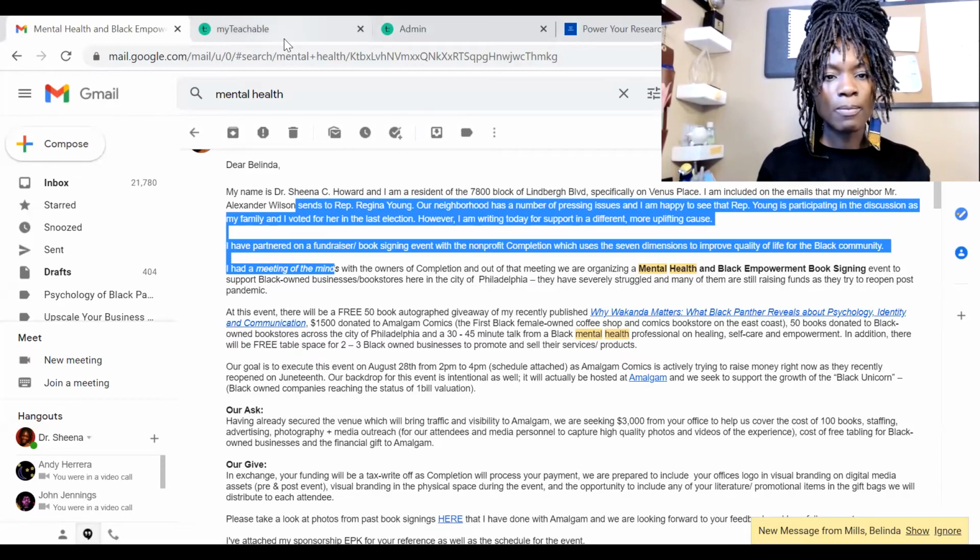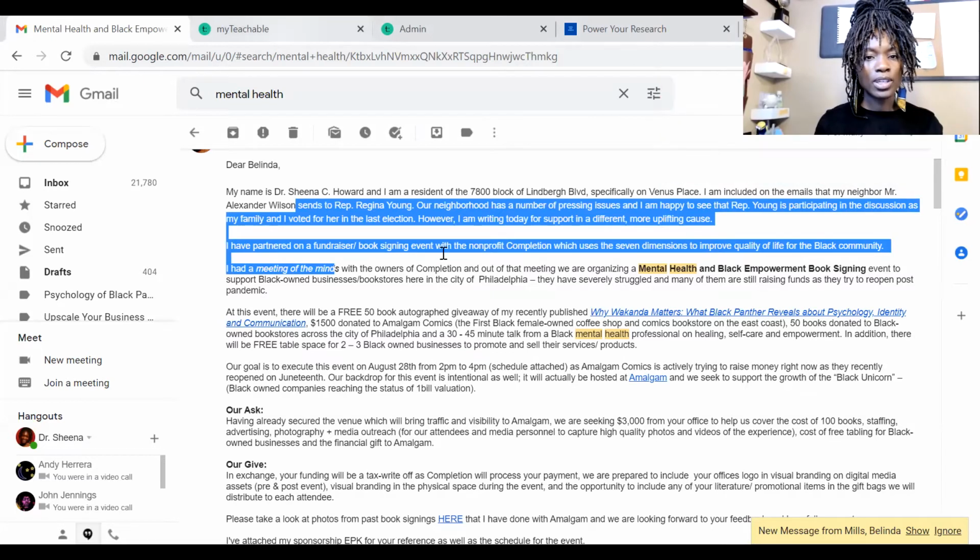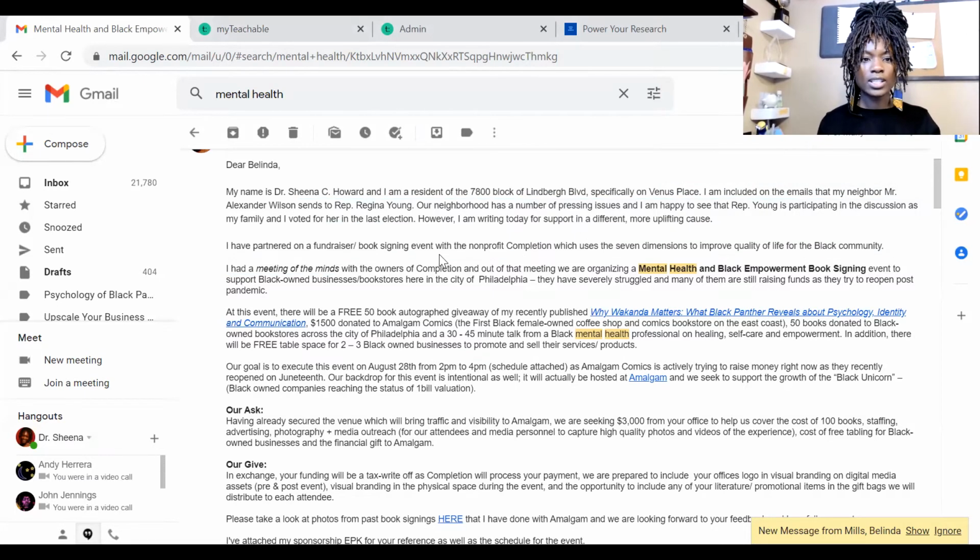Okay, so take this sample email. This is a sample email that I actually sent to my local representative in city council here in Philadelphia. You're not going to be able to read this whole thing just through this email. You'll get the PDF.